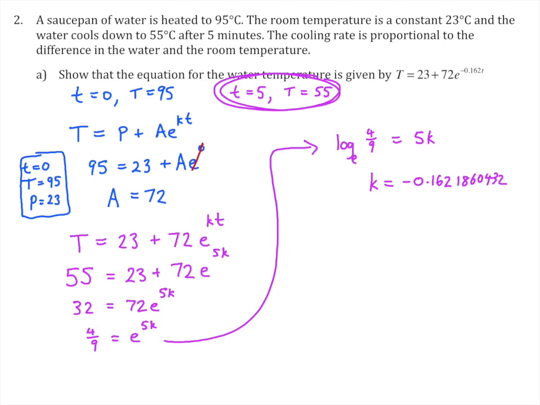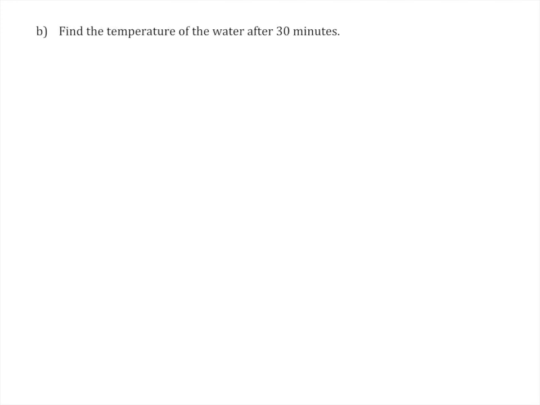The question only wants us to take it that far, so we can say therefore T equals 23 plus 72 e to the power of minus 0.162 t. It's happy to write that to 3 decimal places for this question. So there's part A sorted.